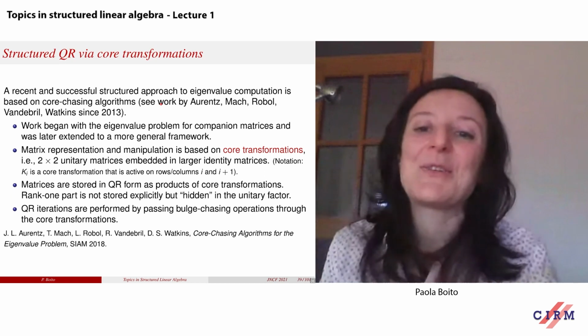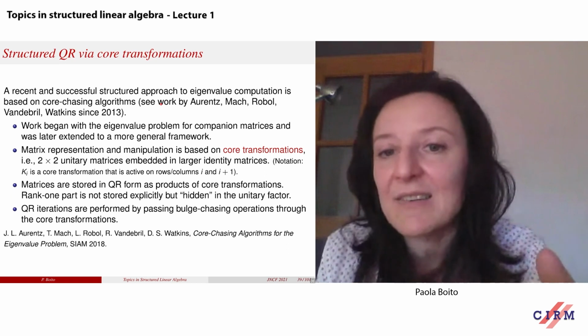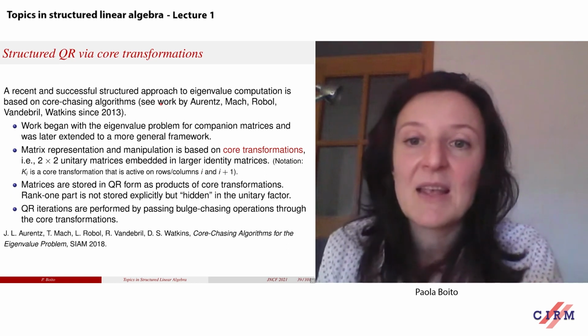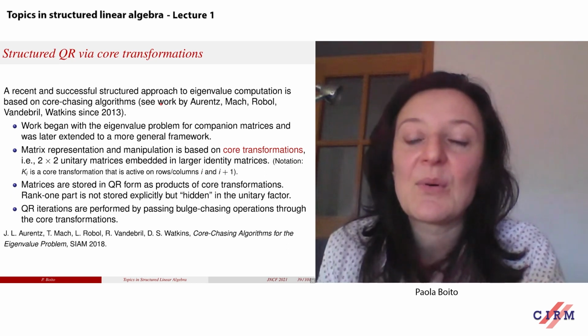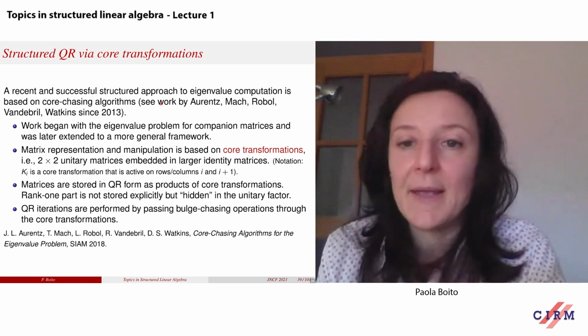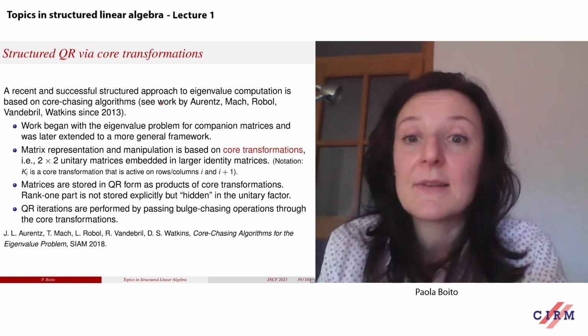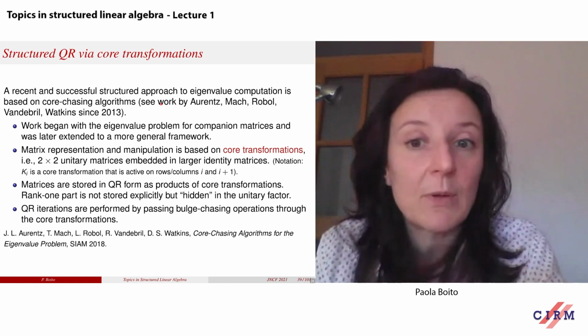Besides, I'm only talking here about roots of polynomials, but actually these approaches generalize to many other problems. So computing eigenvalues for different kinds of structured matrices, different kinds of companion matrices, and generalizations to pencils and linearization of matrix polynomials.